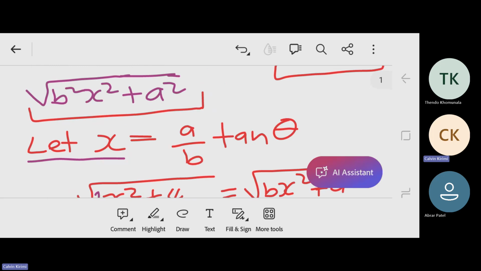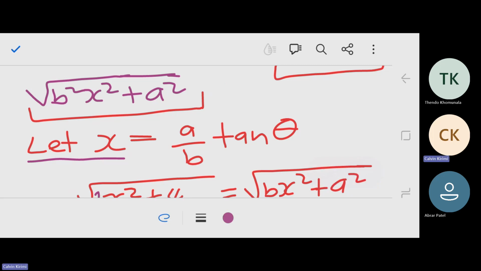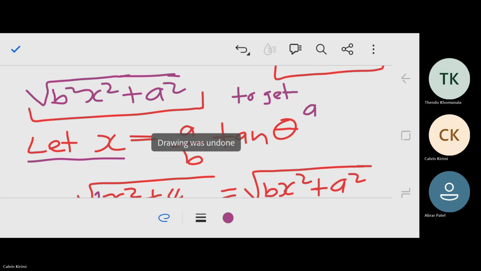You are trying to get a secant theta. That is what we are trying to get.